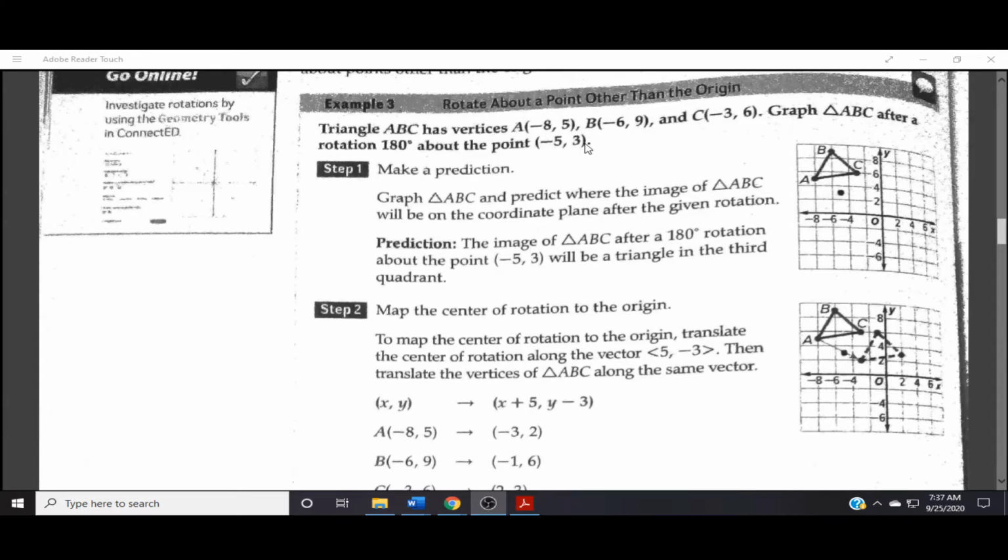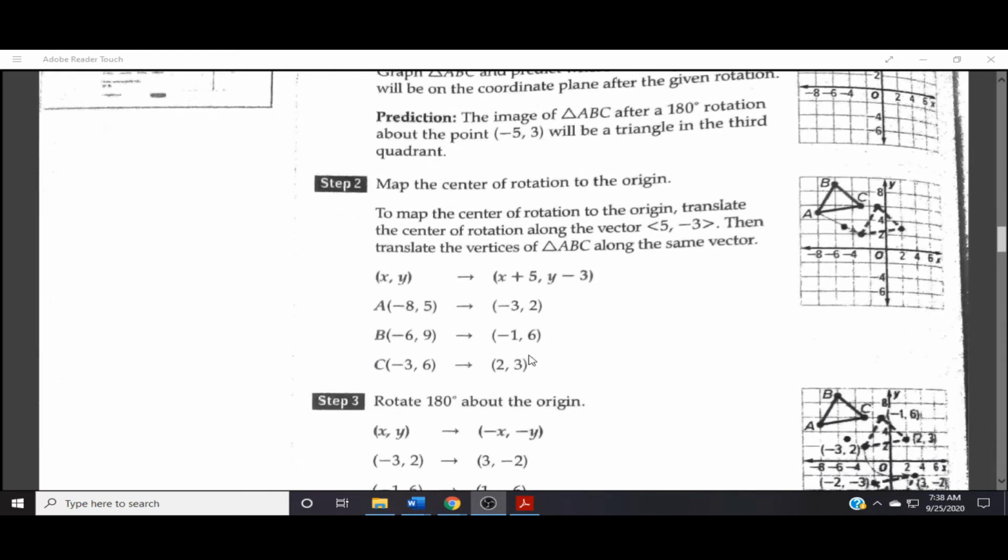With 180 degrees, you're going to see what kind of vector we're going to get. They say first rotate it around the origin and then translate it. So if you have a different point, you first use the origin and then use the vector of that position.